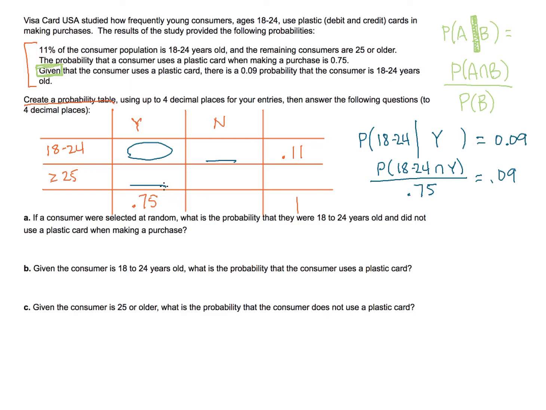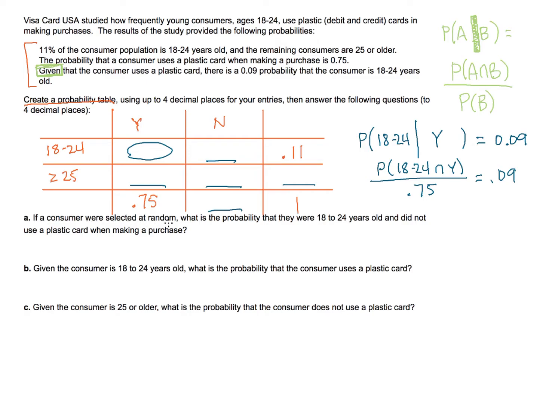Once you calculate this, you'll be able to calculate this. And you've already calculated these, or you can. So your table is complete now. You've unlocked everything in your table. So now we're going to move down into these questions.